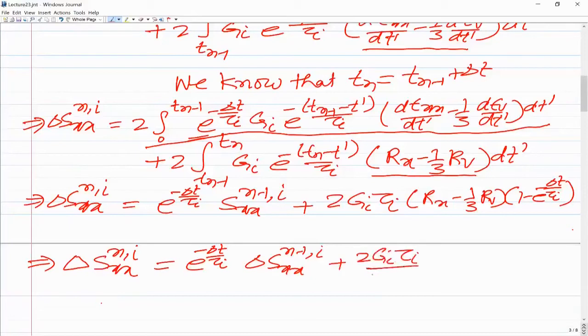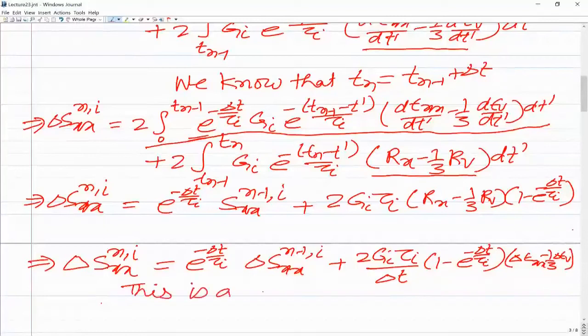So we will have here upon delta t, and then into you have this 1 minus e to the power minus delta t upon tau I, and then because we have multiplied and divided by delta t, we have delta t into Rx minus 1/3 delta t into Rv. So that would be delta epsilon xx minus 1/3 of delta epsilon v. So this is what I was talking about. So this is a recursive relation.